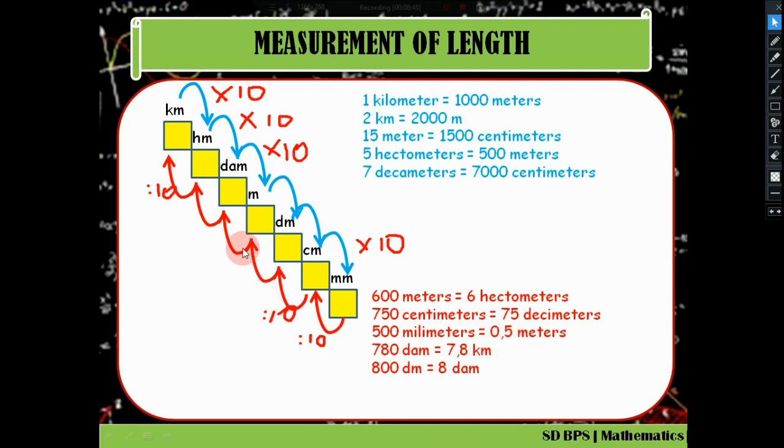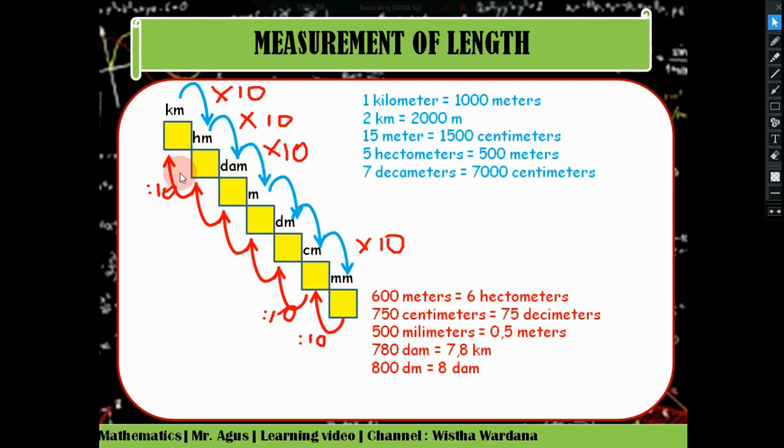And if you want to convert 780 decameters to kilometers, you have to divide by 100 and then you will get 7.8, because you move up 2 steps from decameter to kilometer.